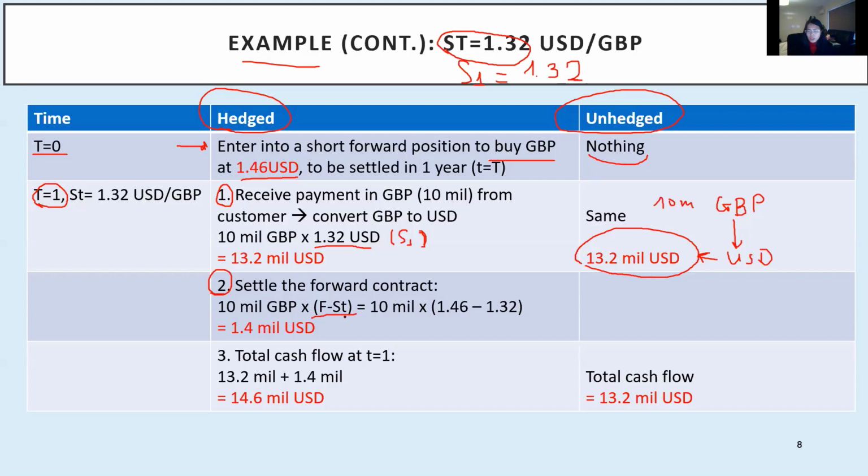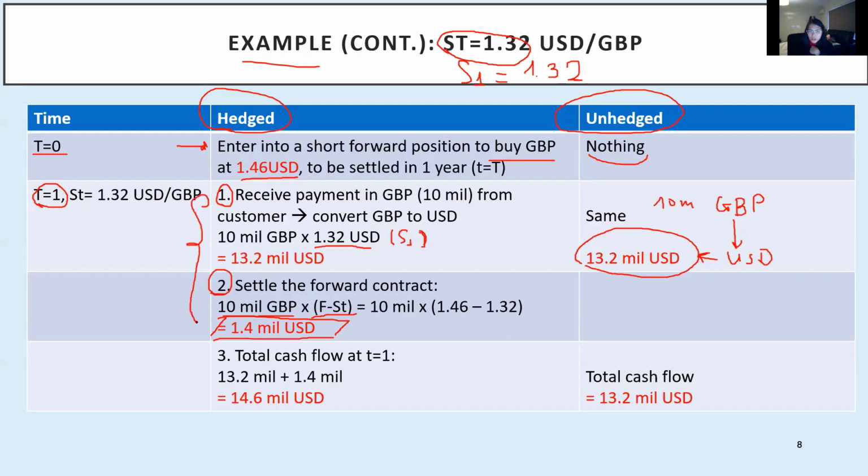So my payoff is F minus S_T. I've got a notional amount of 10 million pounds, and therefore under the forward contract, my payoff is 1.4 million USD, okay? So in this case, because the future spot rate is lower than the forward rate, I will get money from the counterparty in the forward contract, okay?